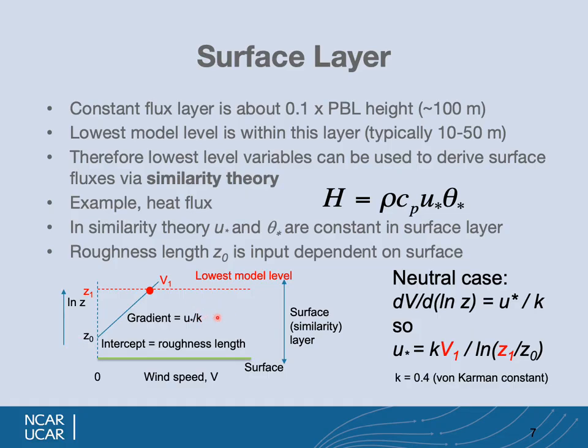And the gradient is u star over k. So this u star is a constant in this layer, and it can be related to both v1 and z1 through this formula, which gives u star as a function of the lowest level velocity and the height of the lowest level if the roughness length is known. So similarity theory has this relation between the velocity and the height. It's basically a log function of height with a constant gradient in the neutral case.